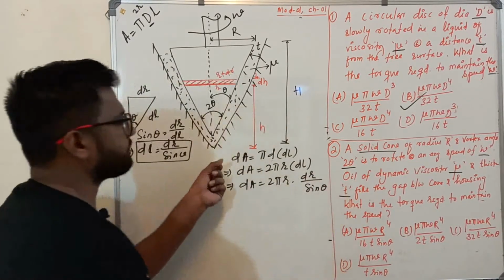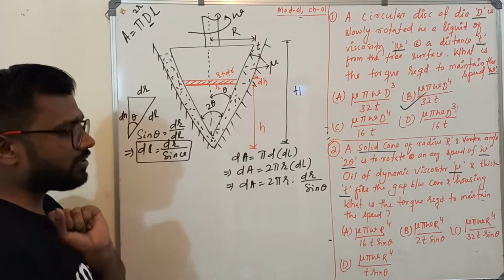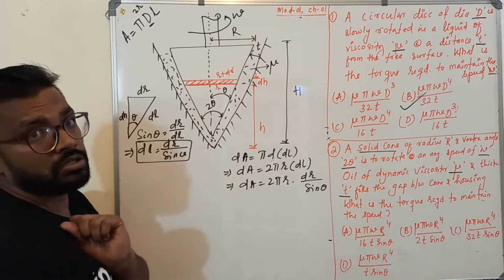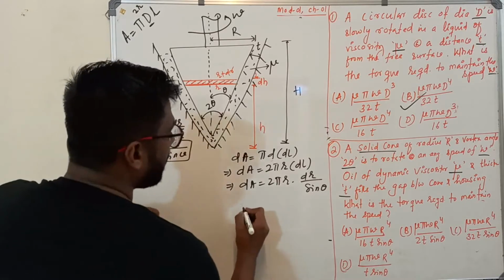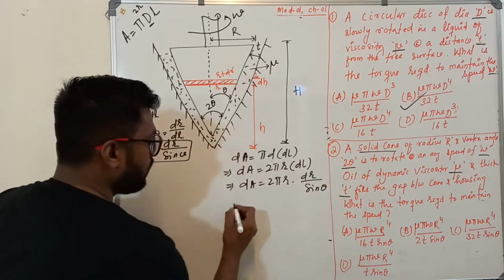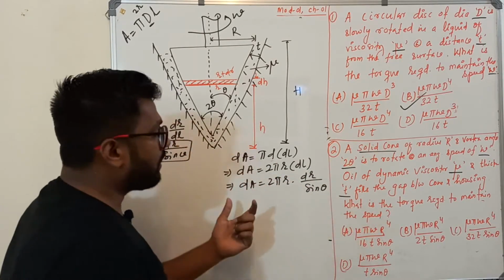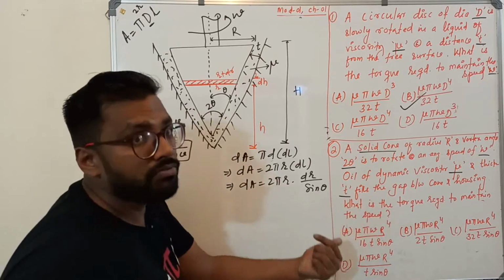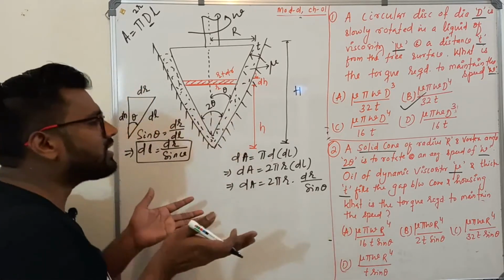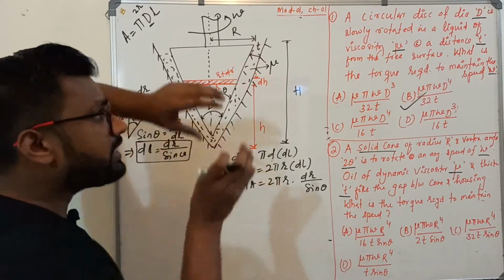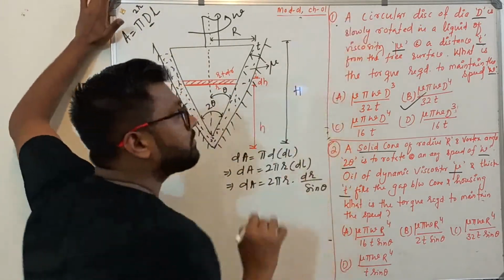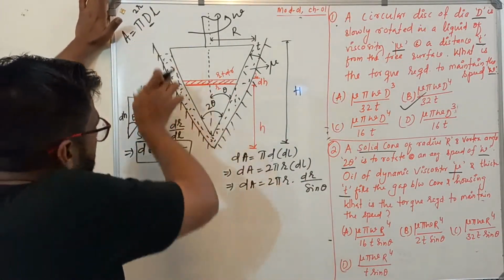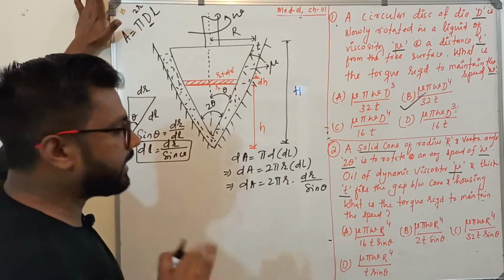Now can you calculate the force? Force equals tau into A. What is tau? Mu V by Y, where V is R omega. Sir, what are you telling all these things? I am just referring to the previous problem, problem number 1. Please refer there, where we have done all the detailing.